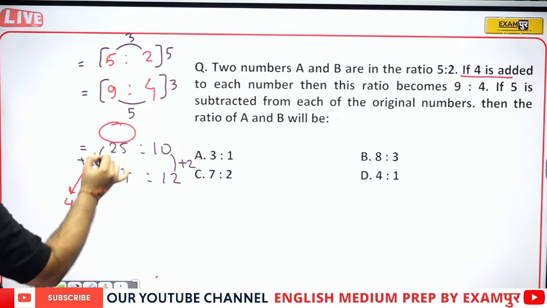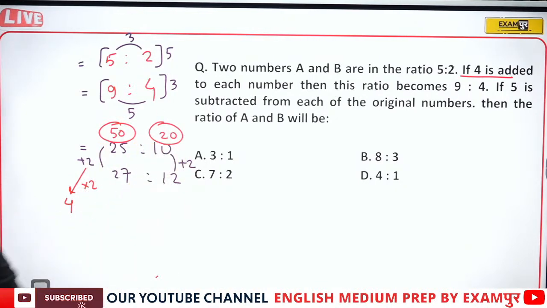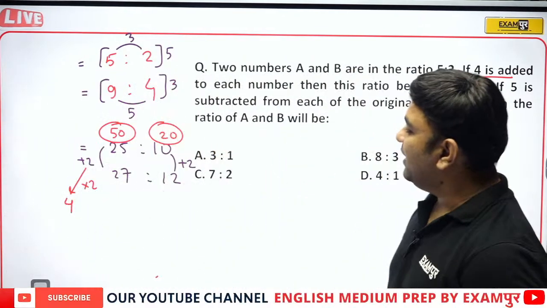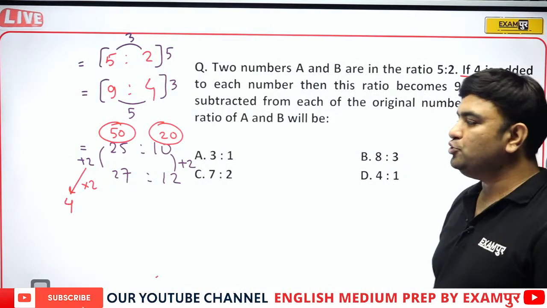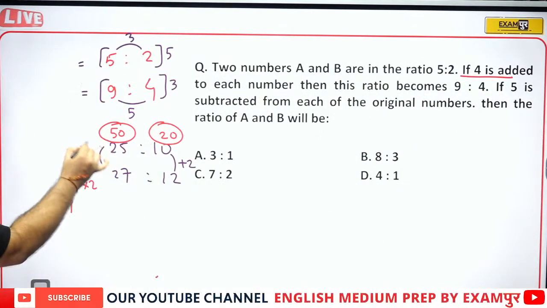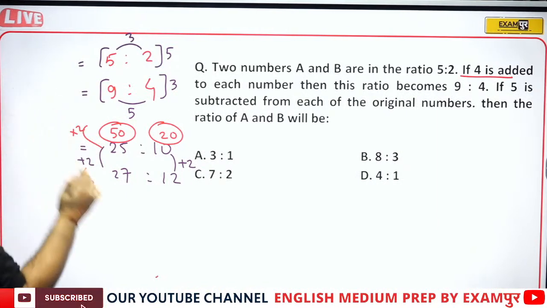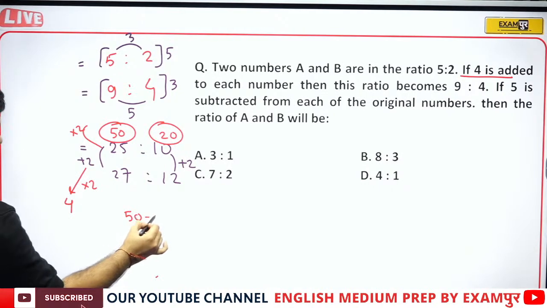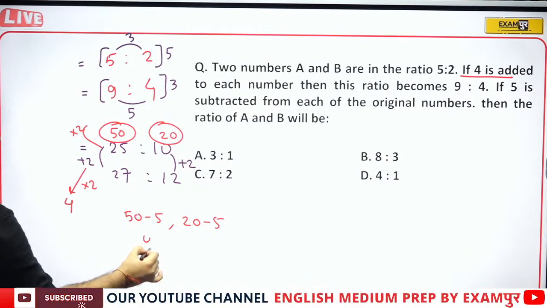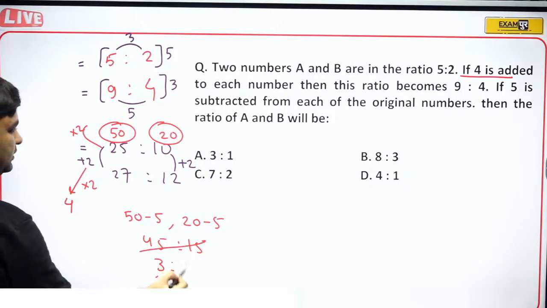My actual numbers are 50 and 20 on multiplying by 2. Now, if 5 is subtracted from each, 50 minus 5 and 20 minus 5, the ratio is 45:15, 3:1.